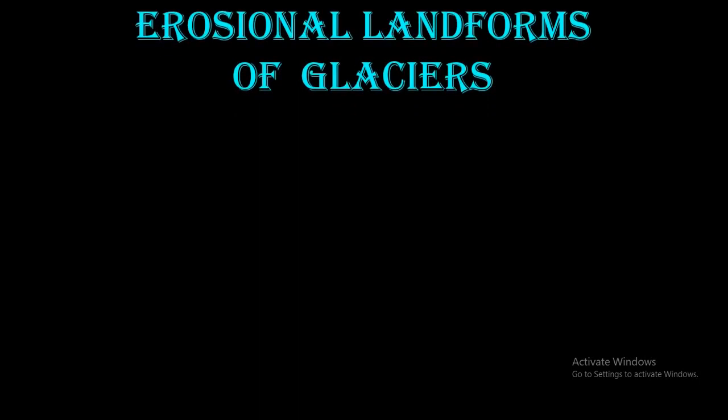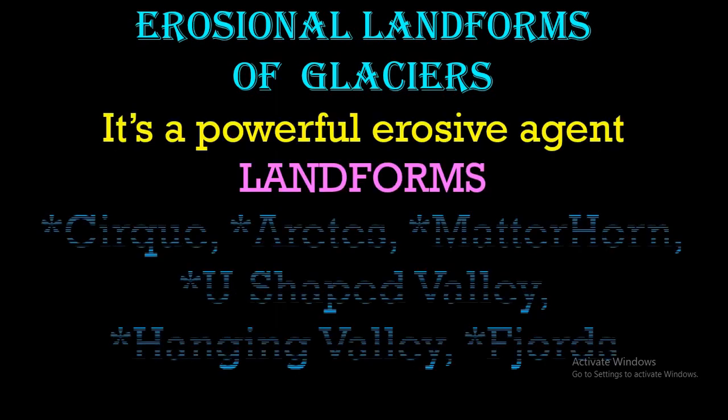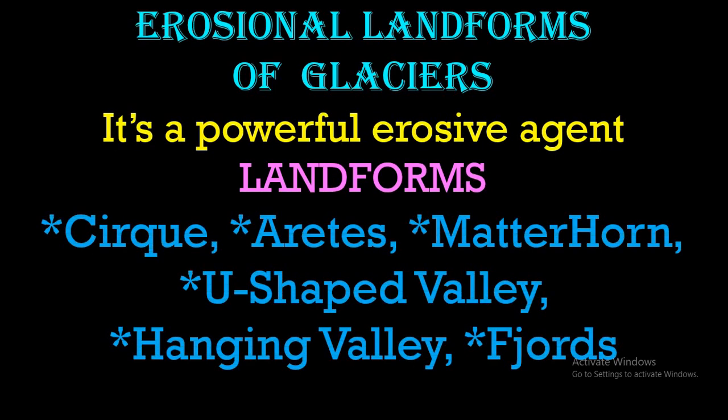Now we are going to enter into erosional landforms of glaciers. Already we have been seeing all these things in different terms, isn't it? Erosional and depositional. Now we are going to see erosional landforms of glaciers. It's a powerful agent. What's that agent? Erosion agent.